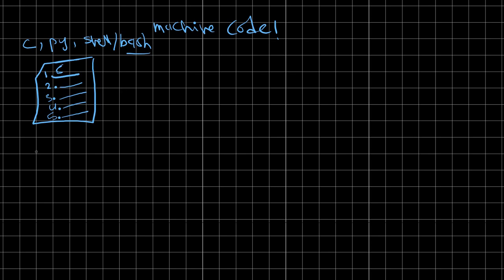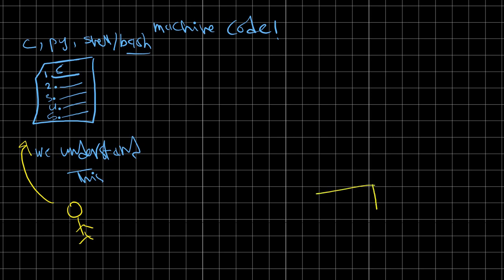We understand this. You as a programmer understand this and you write it. But we have here a computer, and it doesn't understand something like this.